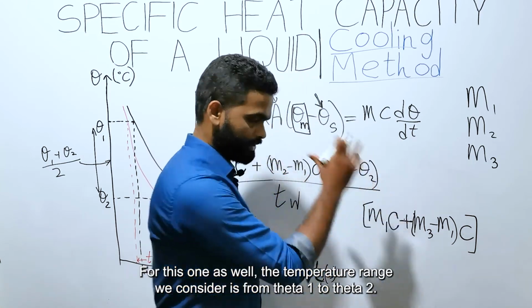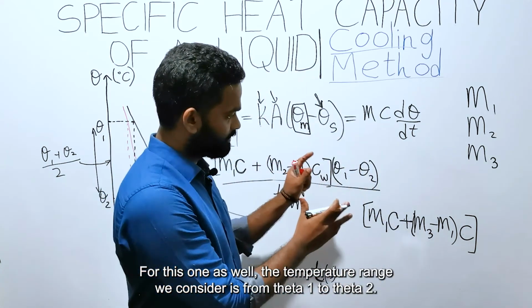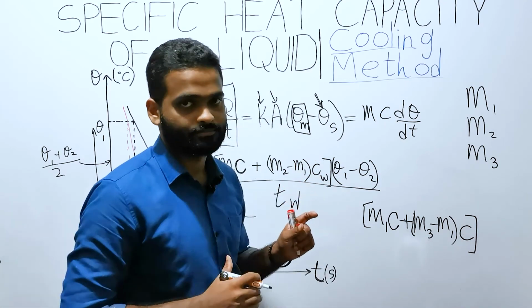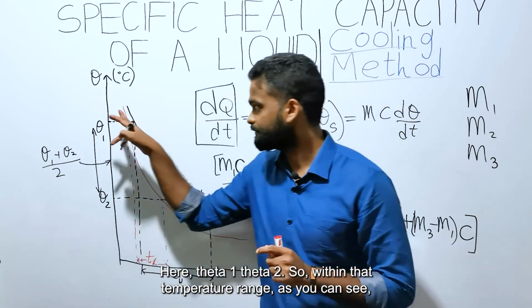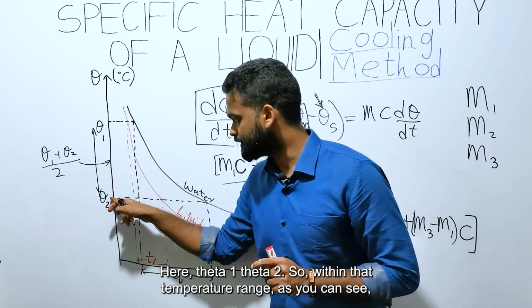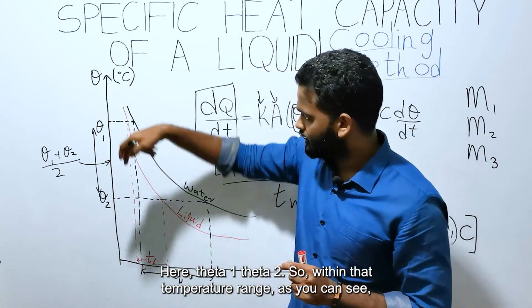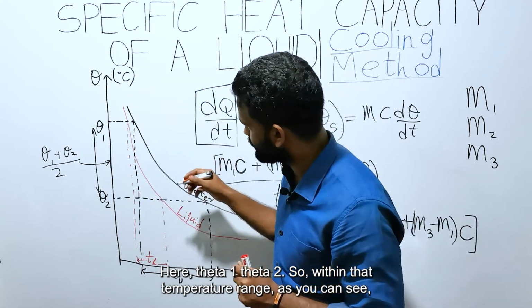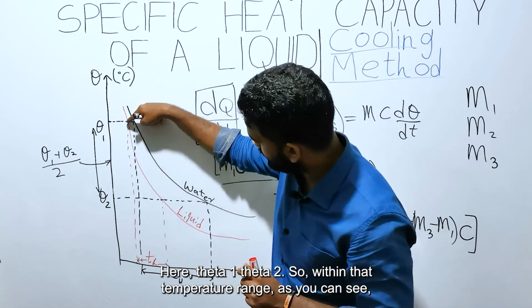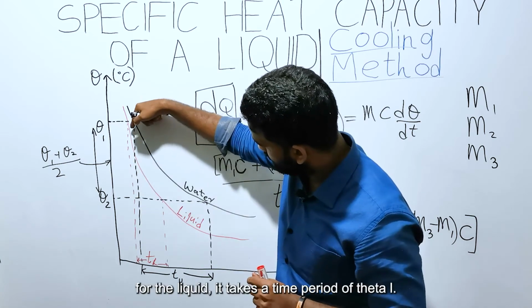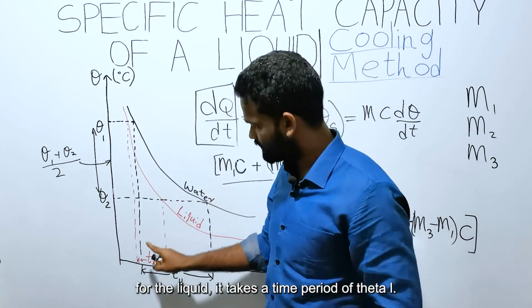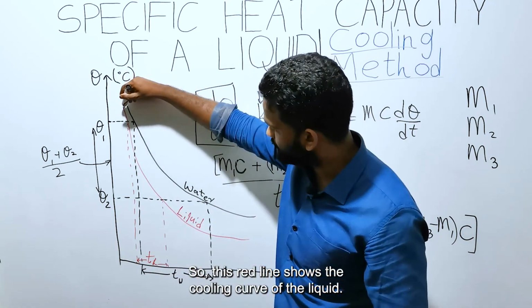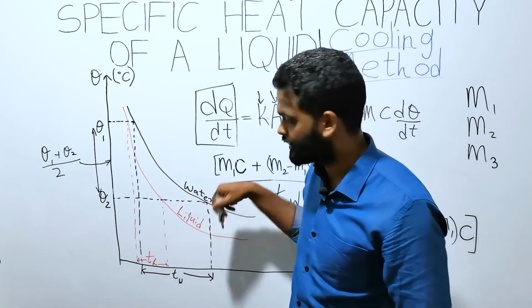For this one as well, the temperature range we consider is from theta 1 to theta 2. Within that temperature range, as you can see, for the liquid, it takes a time period of tL. So this red line shows the cooling curve of the liquid.